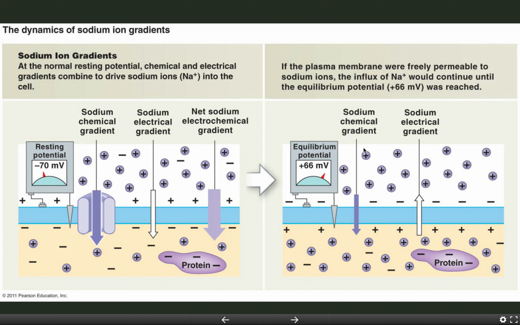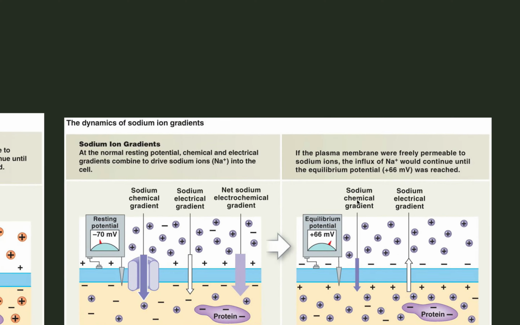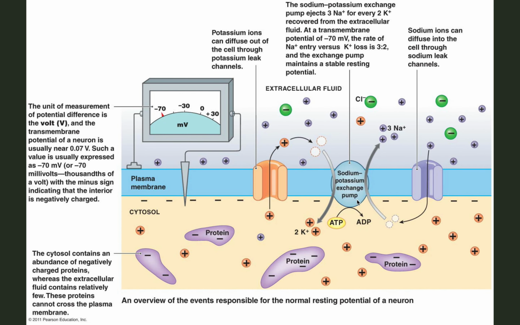At that point, the chemical gradient is still going in, but now there are so many positive charges in the cell that it starts repelling the positively charged sodium ions. So these would be equal at about plus 66. Now, we know that a cell at rest is much more permeable to potassium, and that's why the resting potential is close to potassium's equilibrium potential. So we're at about -70 for the cell's resting potential.